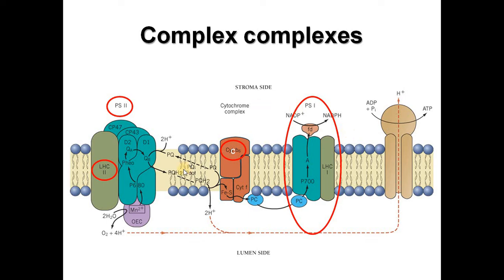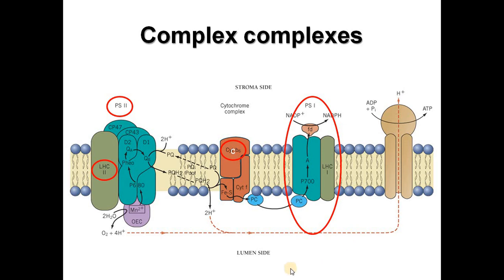Now, these transmembrane proteins are seriously multitasking, because one more thing that is happening, which is not shown in this picture, is that once they receive those two electrons, photosystem 1 will pump hydrogen protons from the stroma side onto the lumen side.